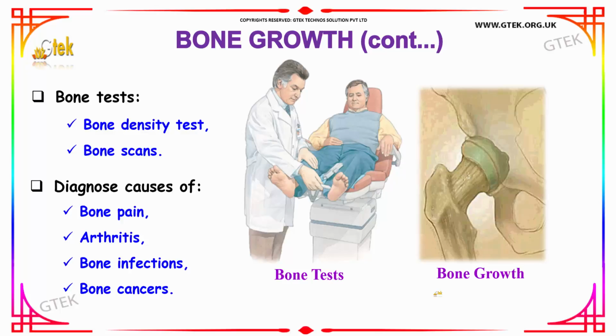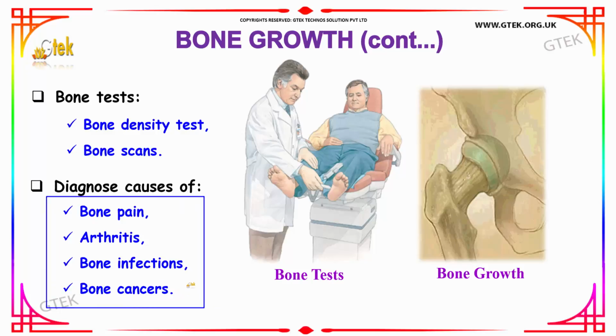Certain tests can be conducted in order to see the growth of the bone: we have a bone density test and bone scans. So these are the general tests that can be performed to monitor the healthy growth of bone. On performing these tests, we can diagnose the following problems in bone.